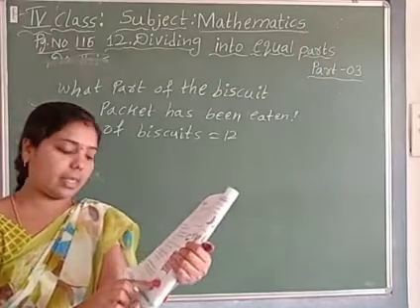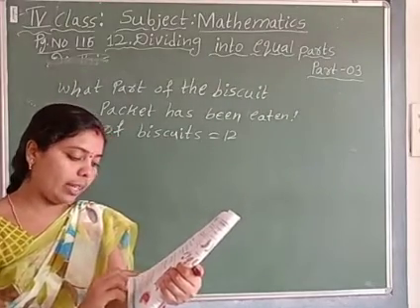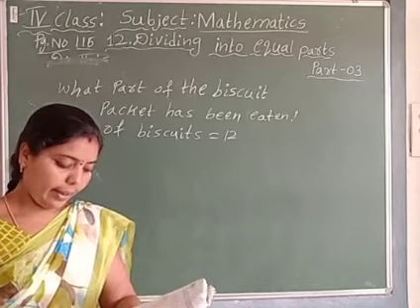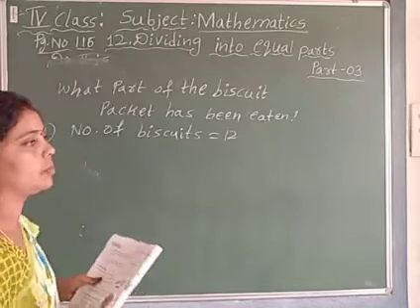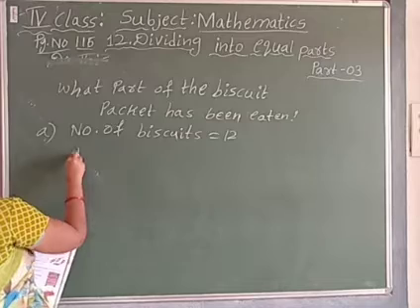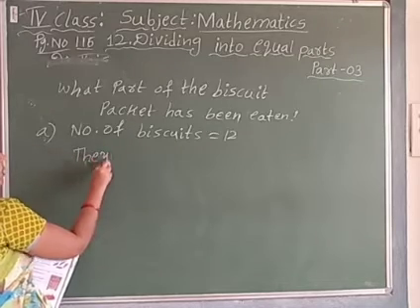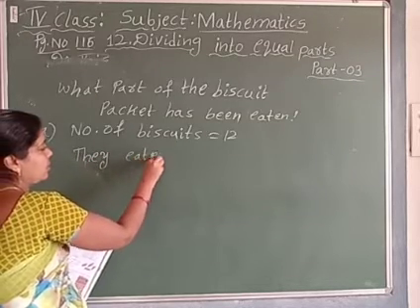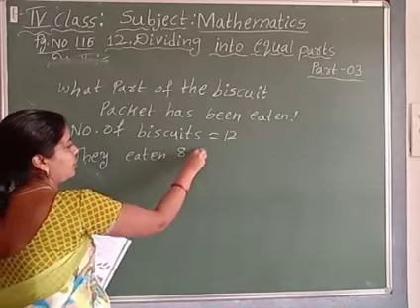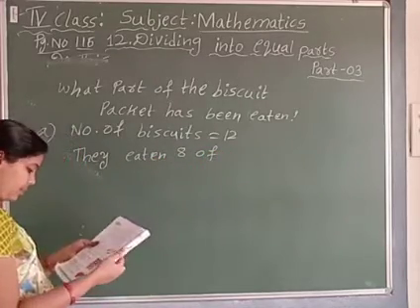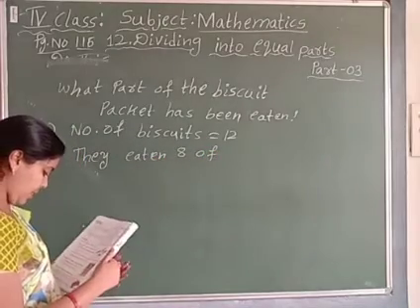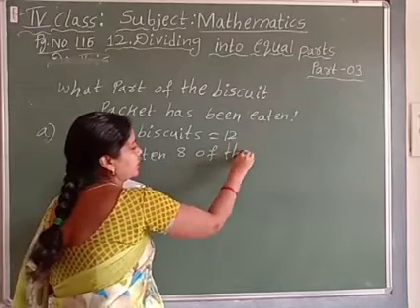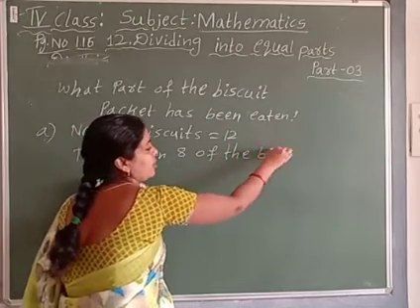In those 12 biscuits, Saraswati and Komal have eaten 8 of the biscuits. So they are given as a number only.